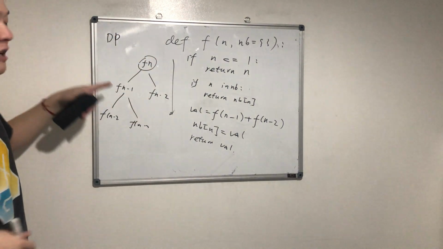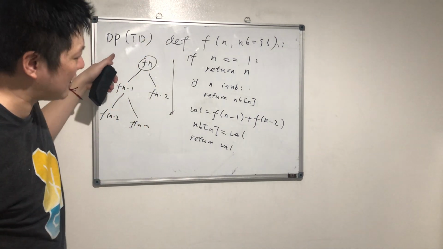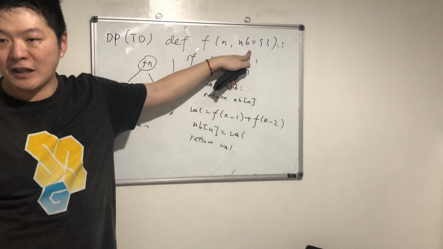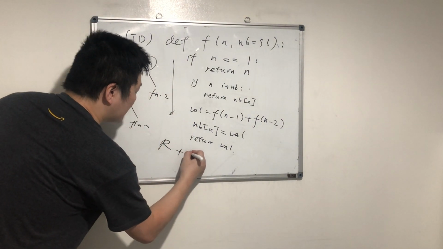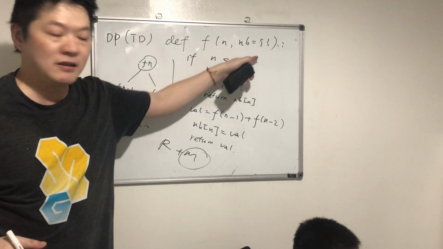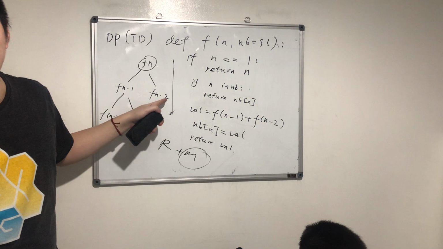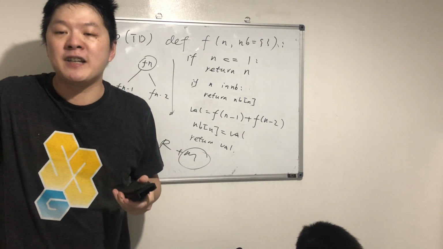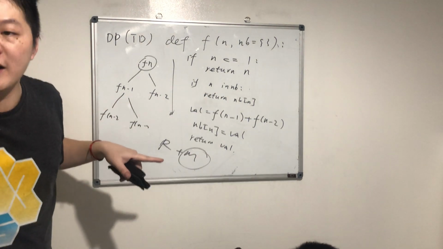Top down dynamic programming is usually implemented using recursion with the notebook, with memoization. This is very important. If you don't memoize the values, it's not the core of dynamic programming. The beauty of dynamic programming is that you don't calculate those intermediate values over and over again.